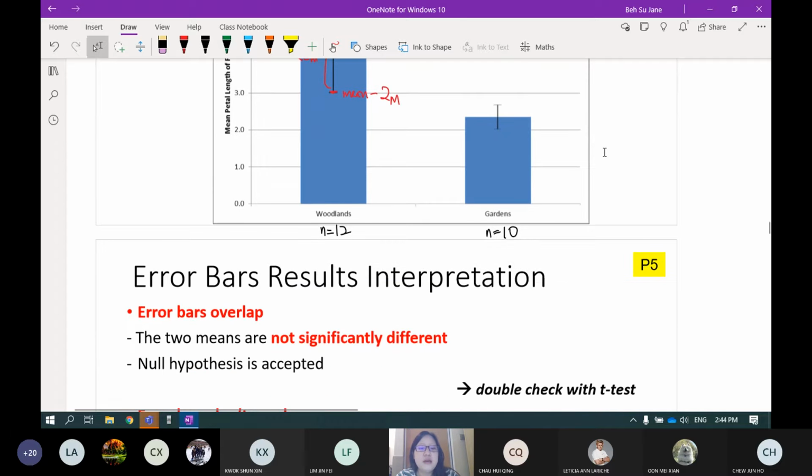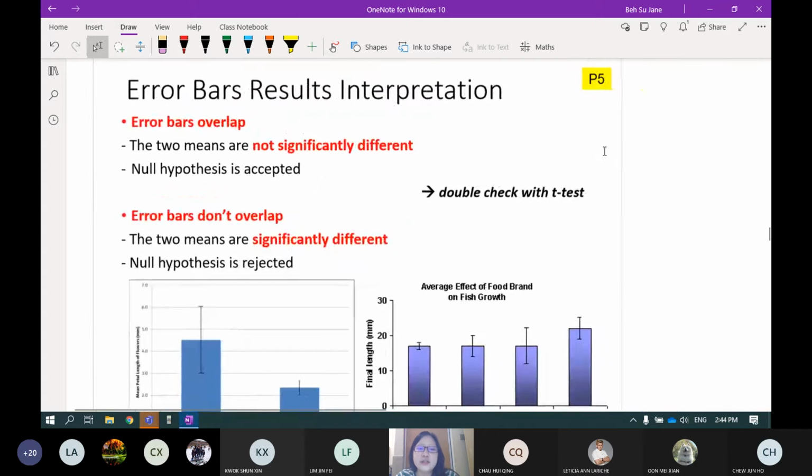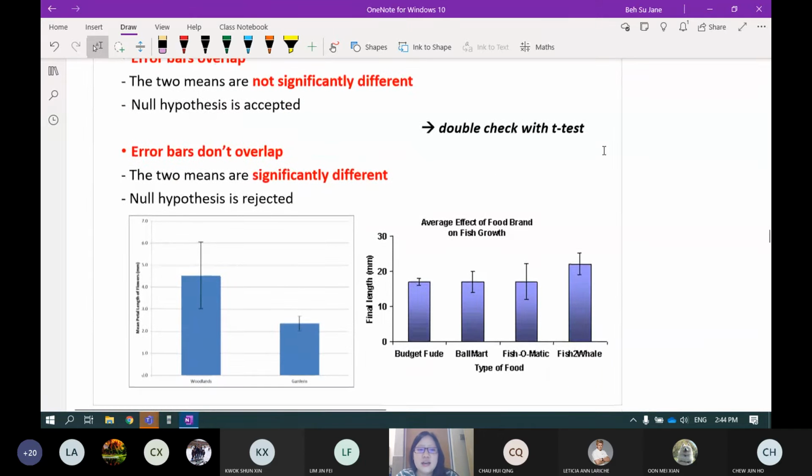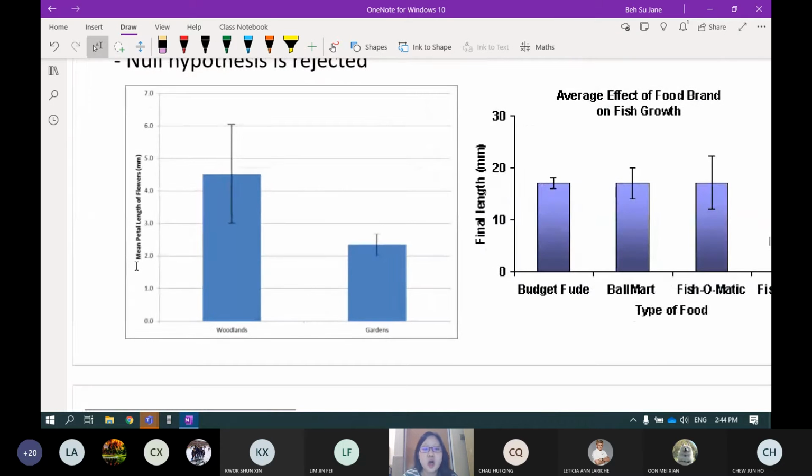Okay, so what does it mean and how does it show whether the result is significantly different or significantly not different? The idea is if it overlaps, this means it's not significantly different and the null hypothesis is accepted. If it is not overlapping, then this is significant, non-overlap, so significant difference.